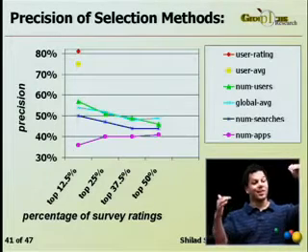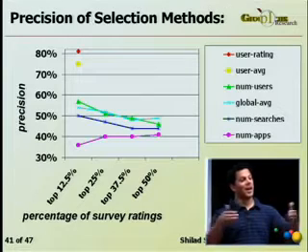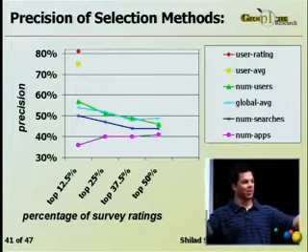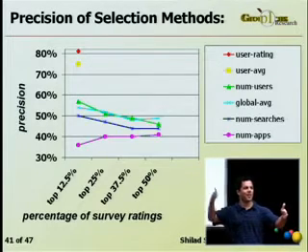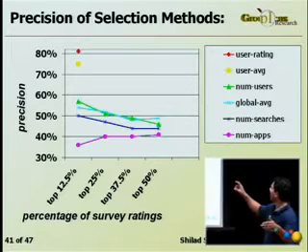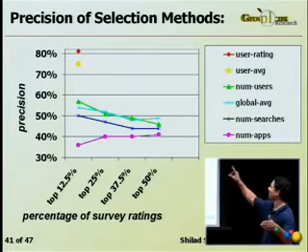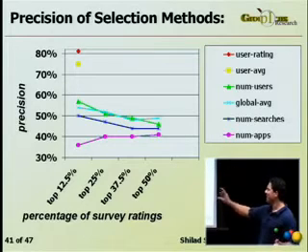On the x-axis, again, we ranked all the tags using each tag selection algorithm, and we cut off at various points, the top 12%, the top 25%, the top 37%. So here you can see, first of all, that user average and user rating do very well, but have very low coverage, so they can't even handle the top 12%.